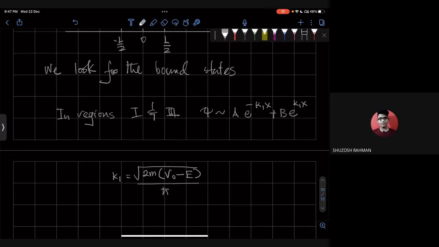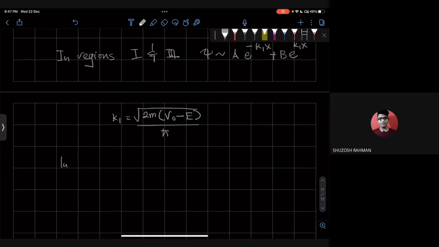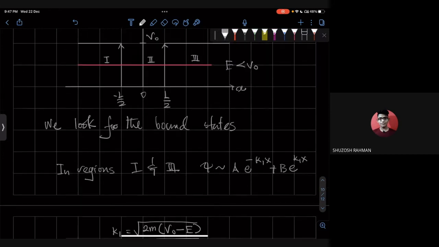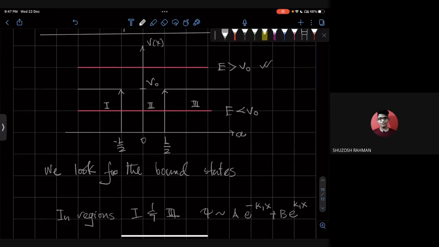So in region 3, we set B to 0. Similarly, in region 1, we set A to 0. In region 3, A doesn't have to be 0.